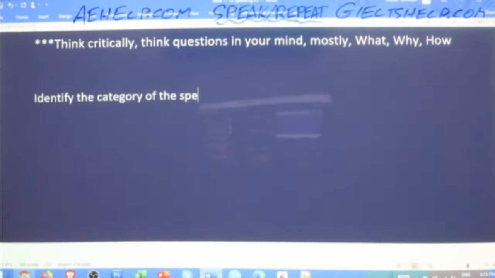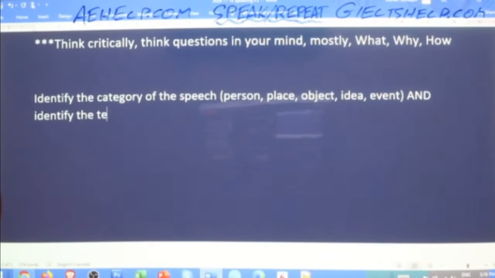Of the speech, which could either be a person, place, object, idea, or an event, and identify the tense or the tenses that you will use.